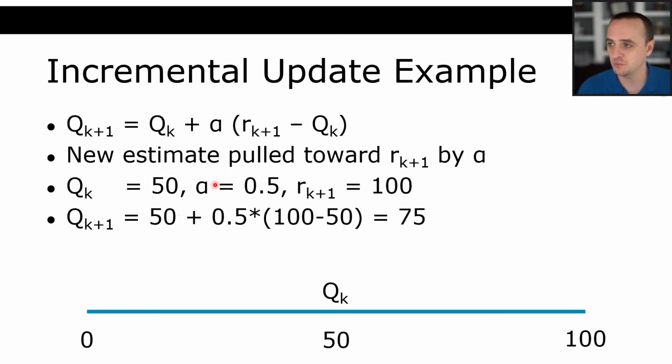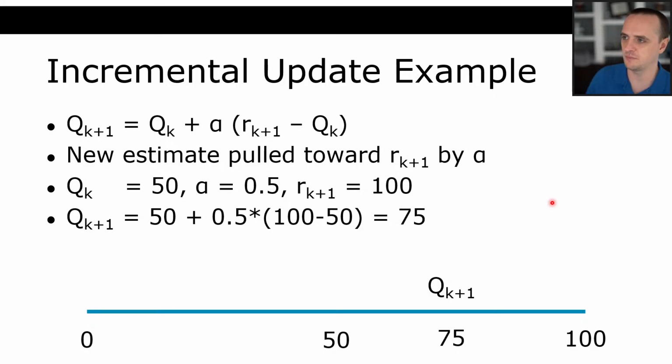But if our alpha is 0.5, then we're going to go half the distance between the current estimate and the new sample. So that means that our new QK plus 1 is going to be 75. And the cool thing about this is that you can play with that alpha value, and if the distributions change over time, this will help you to believe those more recent samples more than the old samples, which may be out of date.